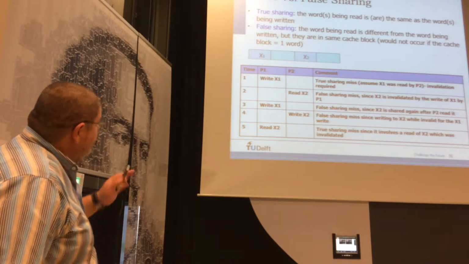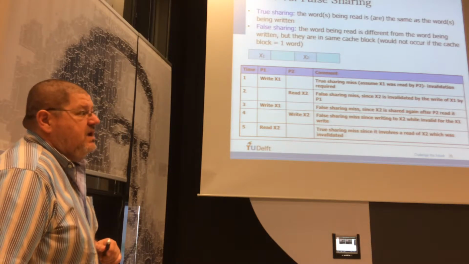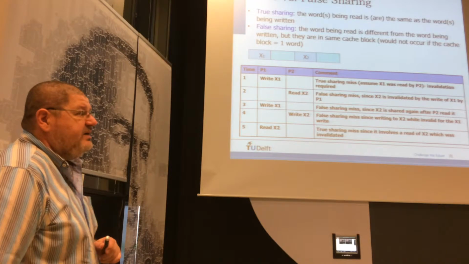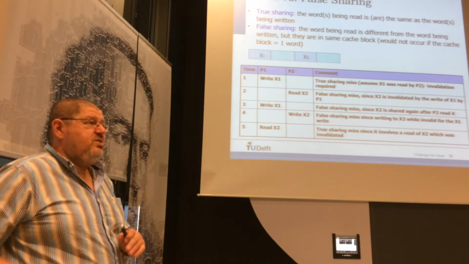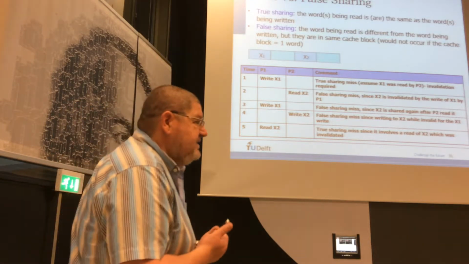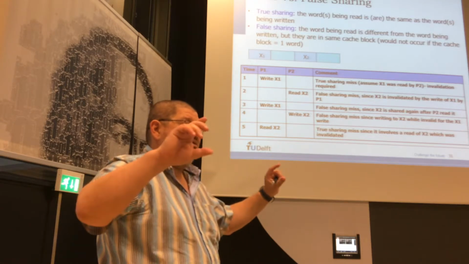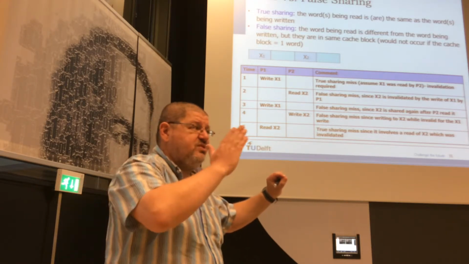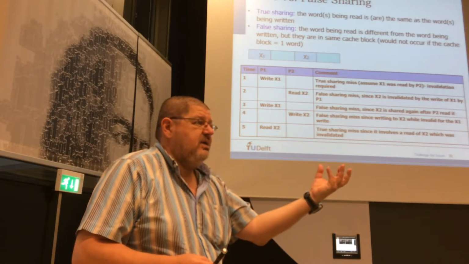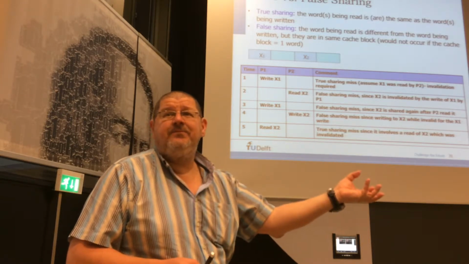Now, there are even some strange things, because not all the conflicts are real. You have true sharing and false sharing. This is due to the fact that in a block you have more locations. A cache line is actually composed of a number of words. You are dealing with one location at a time, but you don't invalidate the location, you invalidate the cache line.